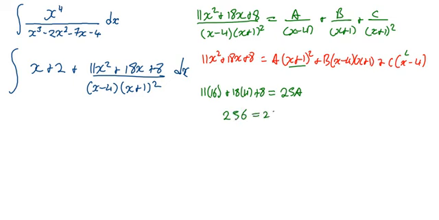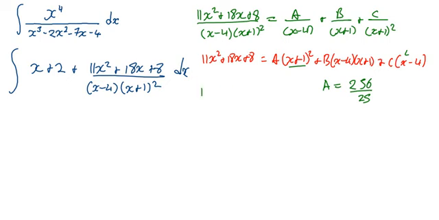So 256 equals 25a, meaning our a is equal to 256 divided by 25. So now how do we come up with our b and our c? We have found that a equals 256 divided by 25.